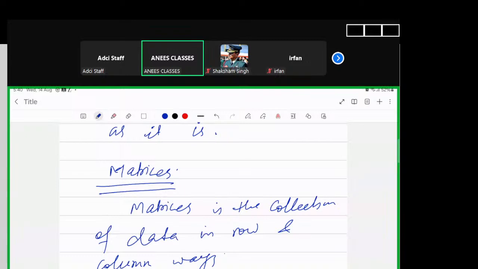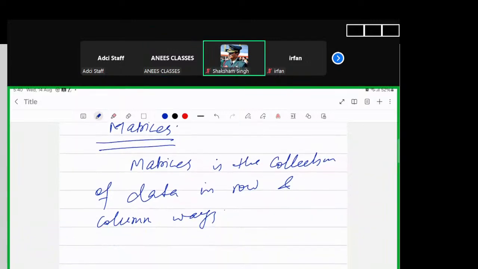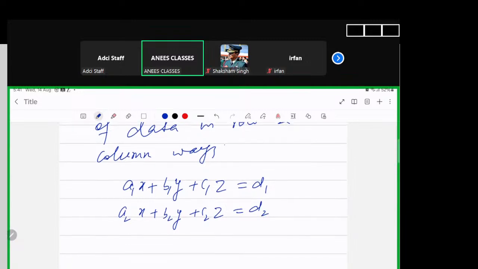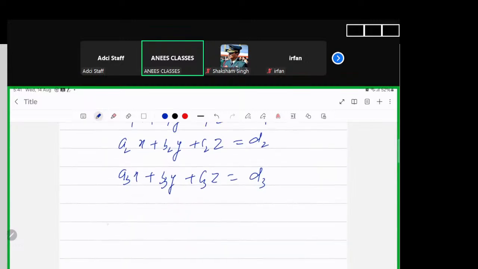Any problem? No, sir. Suppose that I have A1x, B1y, C1z equal to D1, A2x, B2y, C2z equal to D2, A3x, B3y, C3z equal to D3. Let me collect the coefficients only first.